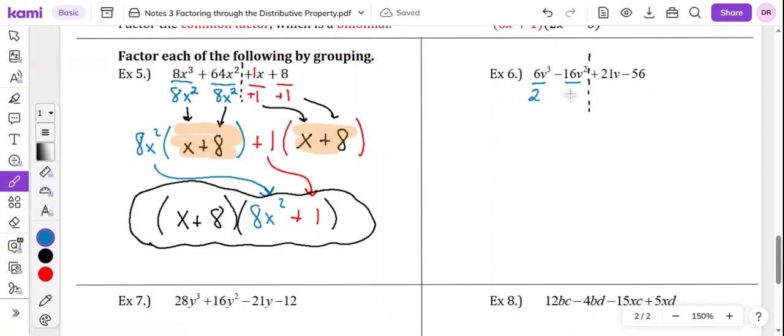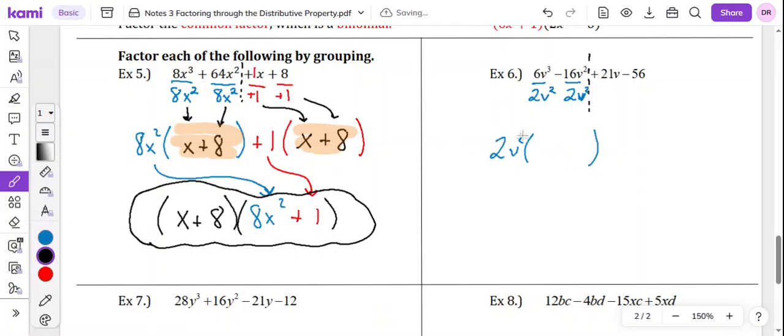6 is also divisible by 2. 16 is divisible by 2. And that's the largest number we can divide both by. We also see they both have a v, and the smallest exponent present in this half is 2, so we'll divide by v to the second. If we factor out 2v to the second, let's see what we have remaining.